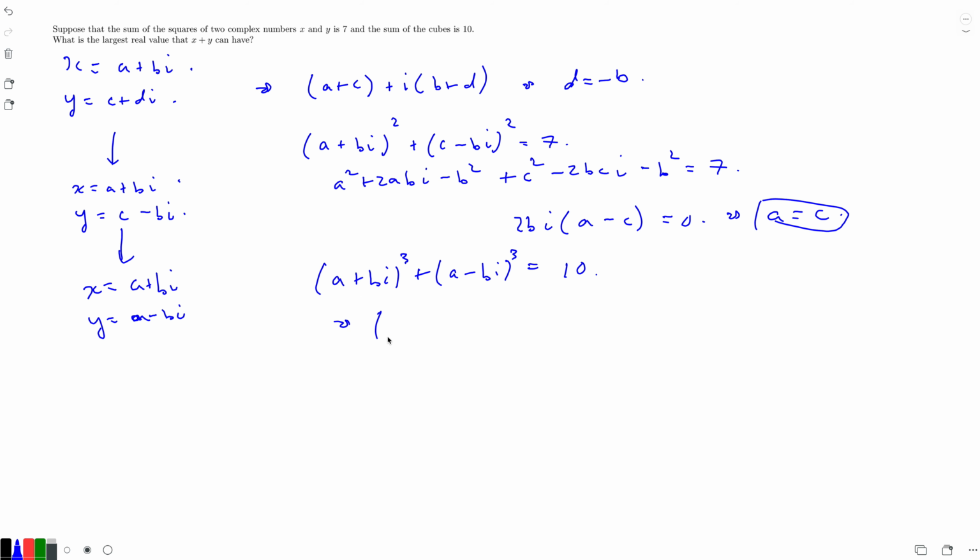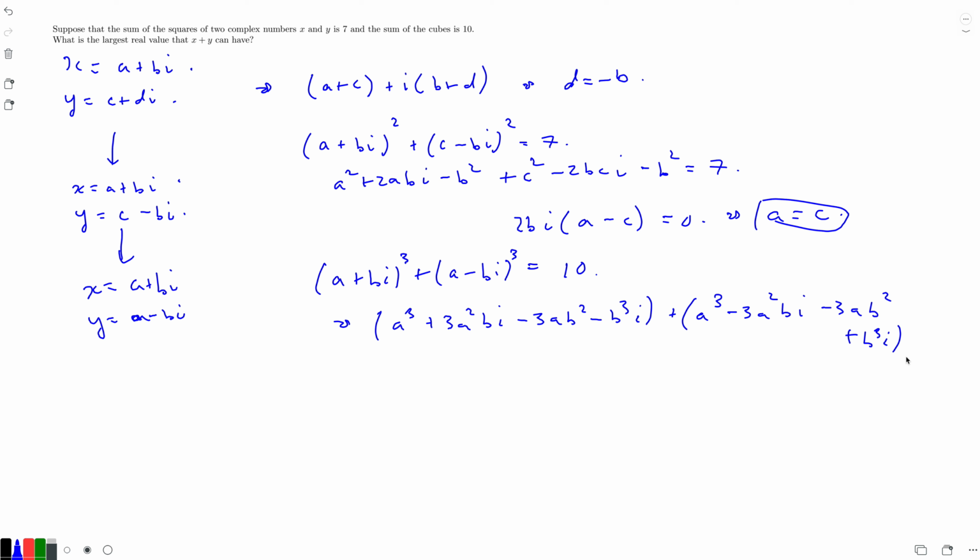We get, by the binomial theorem, a cubed plus 3a squared bi, and then this becomes minus 3ab squared, and this becomes negative b cubed i. Then plus, now we do this part, which is just a cubed minus 3a squared bi, and then our usual negative 3ab squared, and however this becomes plus b cubed i.